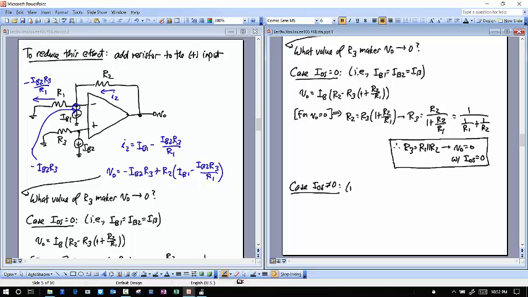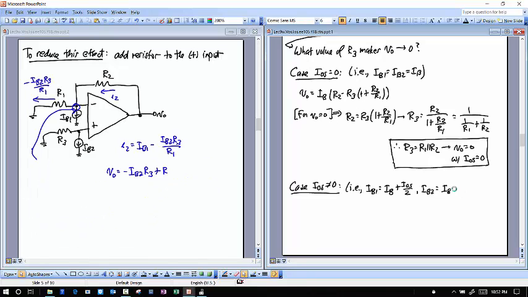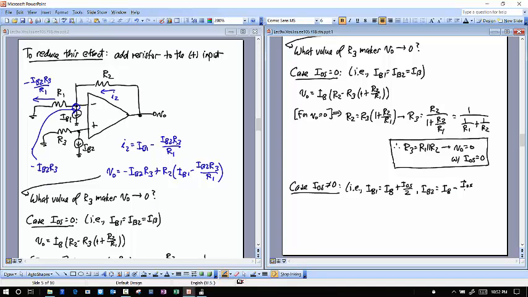So in other words, now I have to write my IB1 as being equal to IB plus IOS over 2, and my IB2 is going to be equal to IB minus IOS over 2. Okay, and so it's the same game as that.